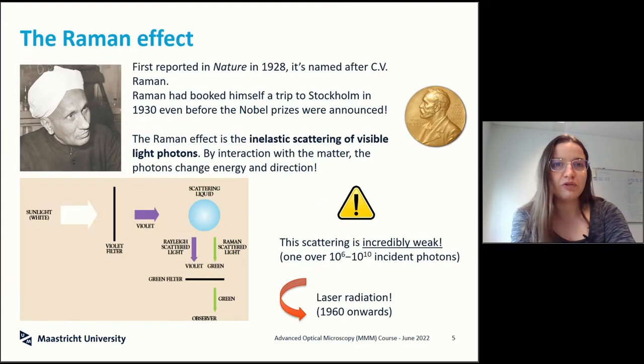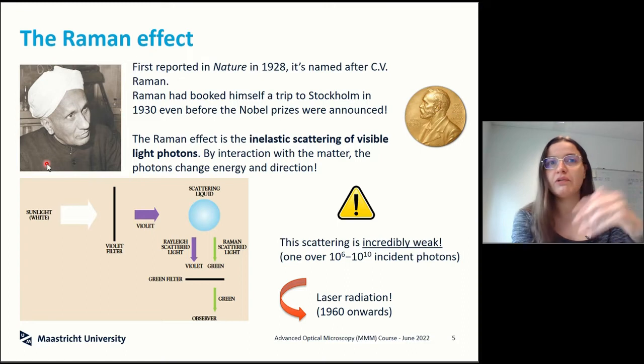Now, the Raman effect was first reported in Nature in 1928. The paper is very, very short and on point, and is named after this legend of an Indian scientist, Raman, who discovered this with equipment that, fundamentally speaking, we should be very impressed with, because this was not an easy task, and even less easy with equipment that back in the day was not uniform.